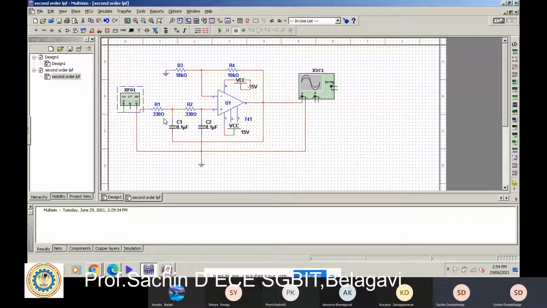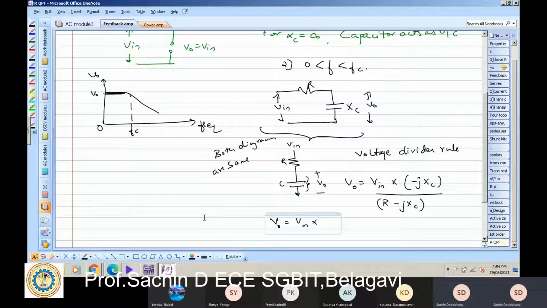In this design part, the cutoff frequency will be given to you, and the cutoff frequency formula we got is R equals Xc. When the resistance value and the capacitive reactance are equal, then only we get the cutoff frequency. R and Xc will be equal only at a particular frequency.